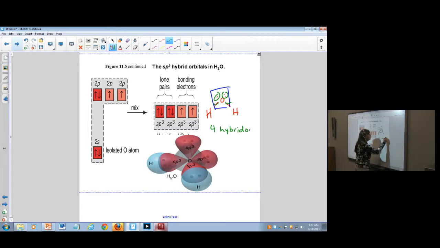Even though those are just lone pairs of electrons, I need to have those orbitals, and so that's going to give me 4 sp3 orbitals. And notice that the lone pairs of electrons on that oxygen have their own little space, and now I can bring in the hydrogen to bond here to make water.